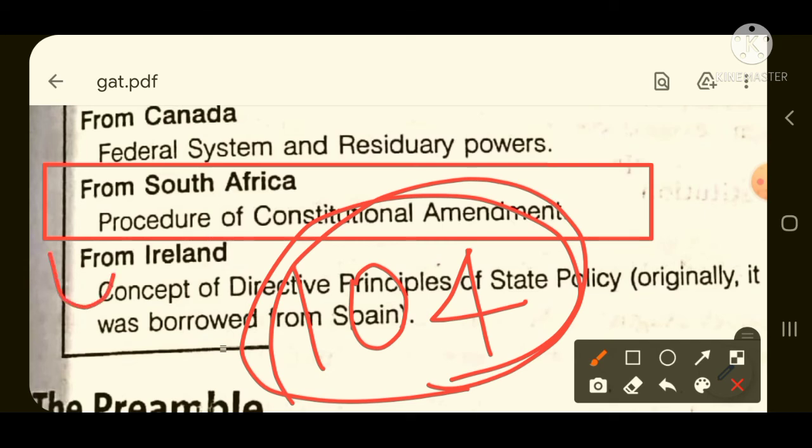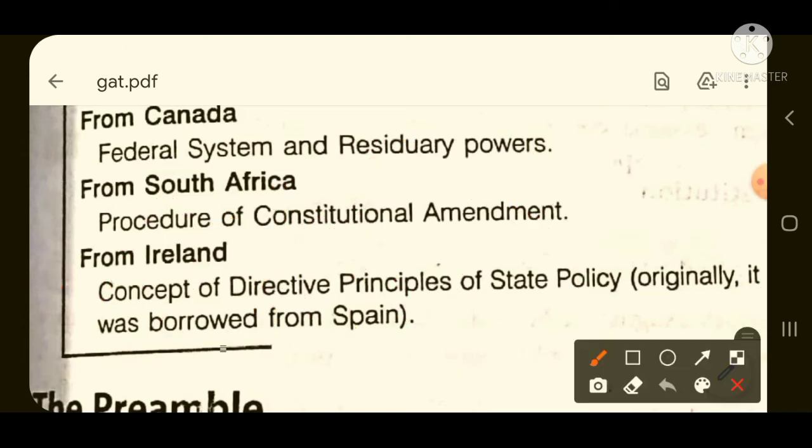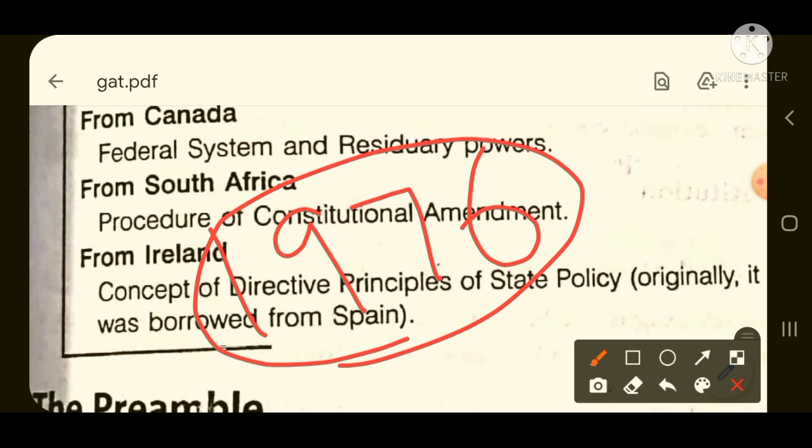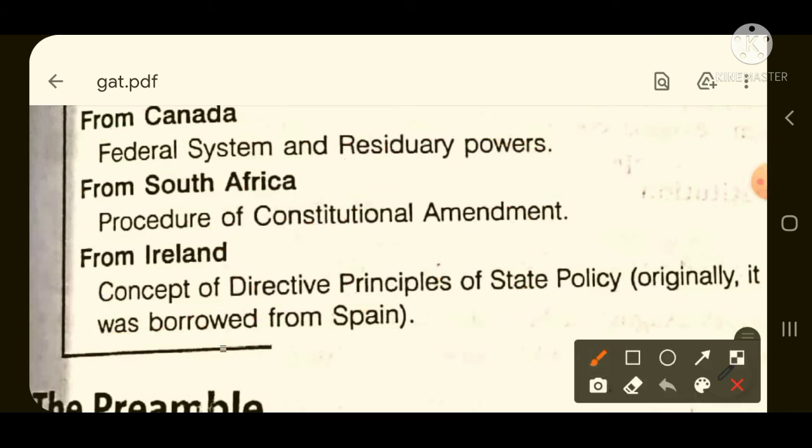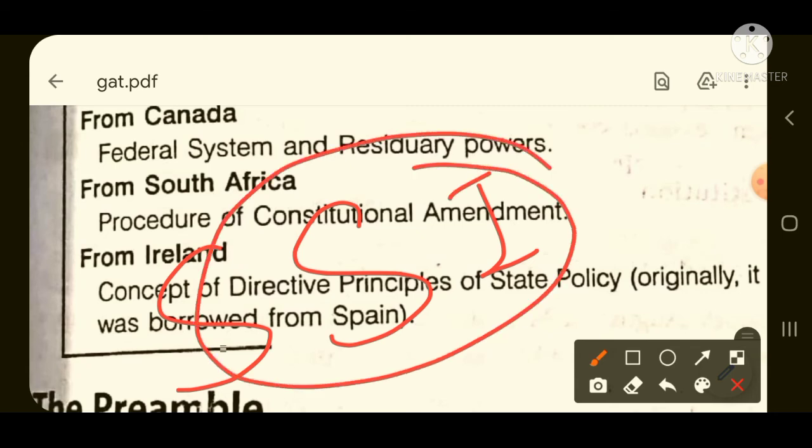An important amendment is the 42nd Amendment Act, which took place in the year 1976. The important thing was that these three ideals, socialist, secular, and integrity, were added into the preamble of our Indian constitution by the 42nd Amendment Act 1976.